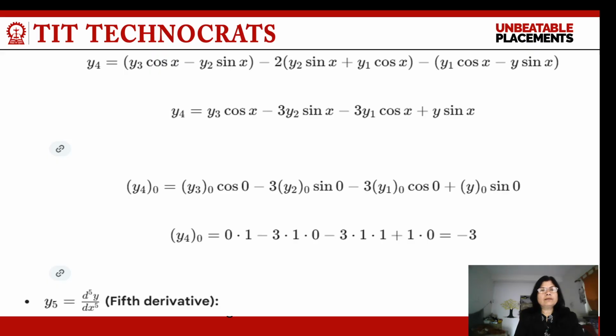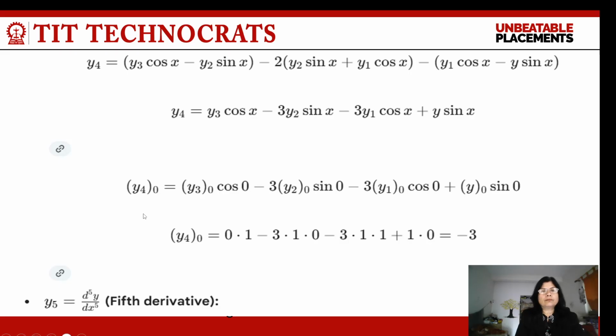After simplifying we get y4 is equal to y3 cos x minus 3y2 sin x, because 2y2 sin x is here and y2 sin x is also here, so we add both, we get 3y2 sin x, minus 3y1 cos x plus y sin x.